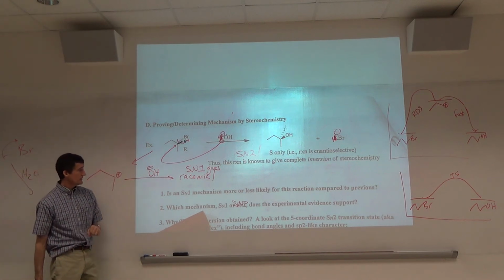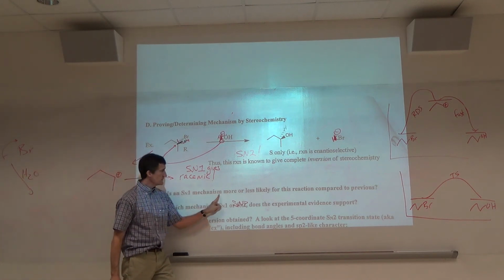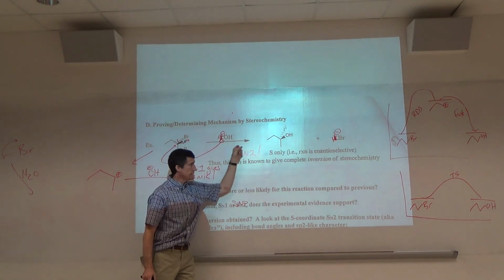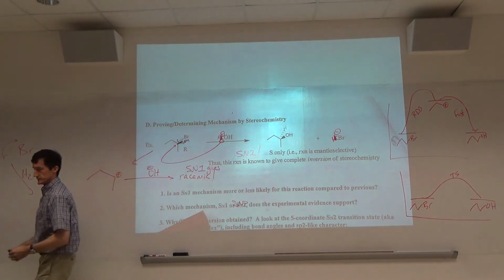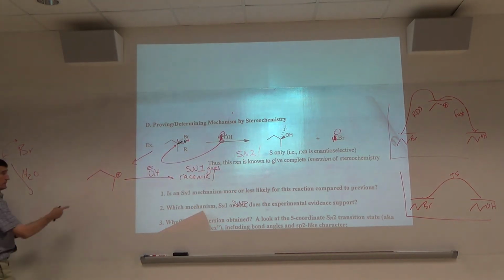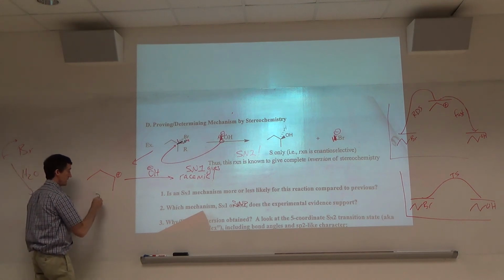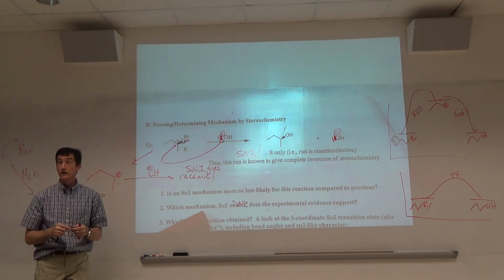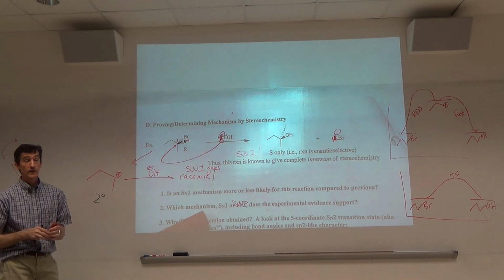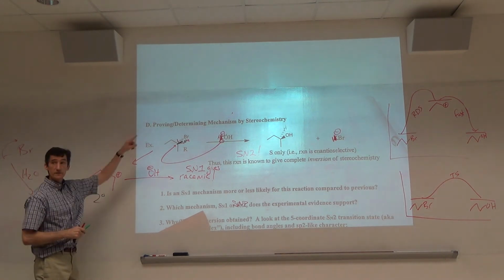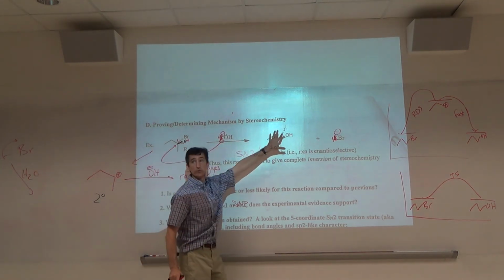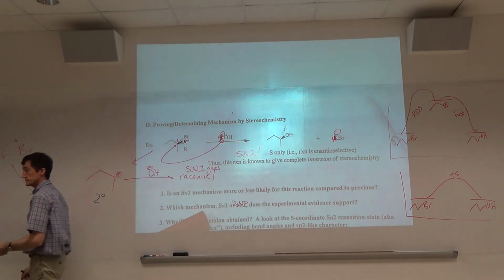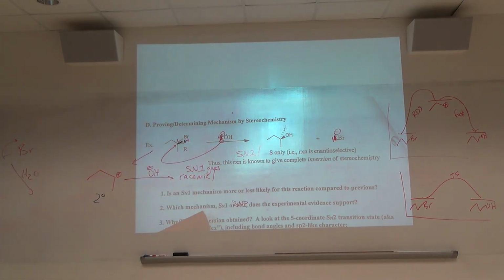Okay, question here. Is an SN1 mechanism more or less likely for this reaction compared to the previous reaction? Well, that's secondary, so it's more likely. Secondary is better than primary, but we know from the stereochemistry that it still was SN2. Stereochemical outcome is used to determine mechanism.